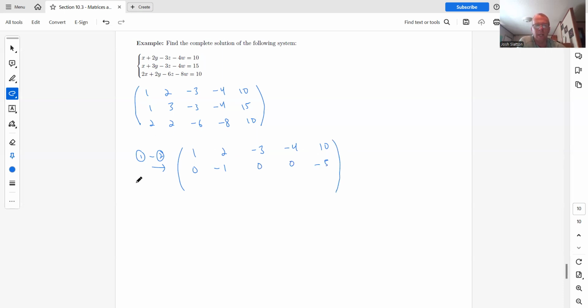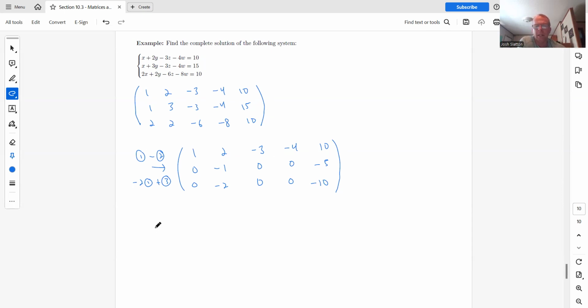And then let's do -2 times row 1 plus row 3. So we have 0, that'd be -4 plus 2, so -2. 6 minus 6 is 0. 8 minus 8 is 0. And then -20 plus 10 would be -10.